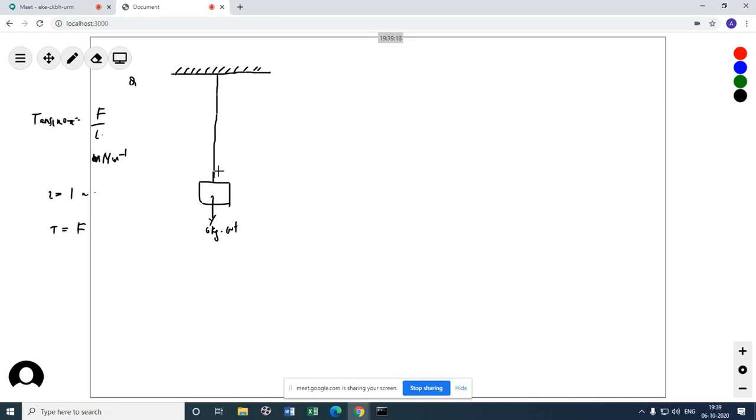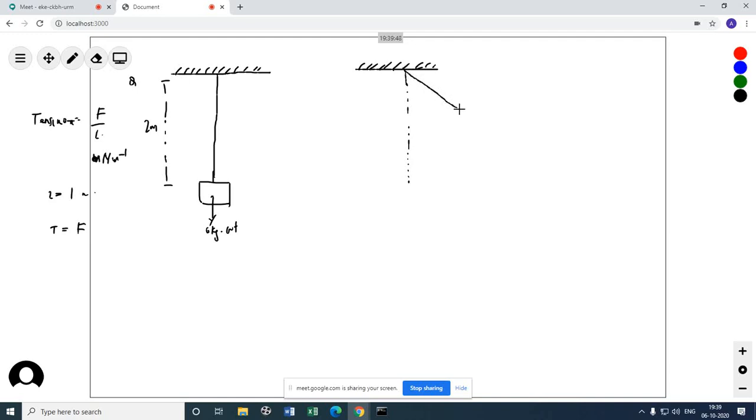Now let's see. So this is a rod. This is a weight which is hanging from a string or thread. Now next, another string, this is 2 meter, so this is the normal initial path.